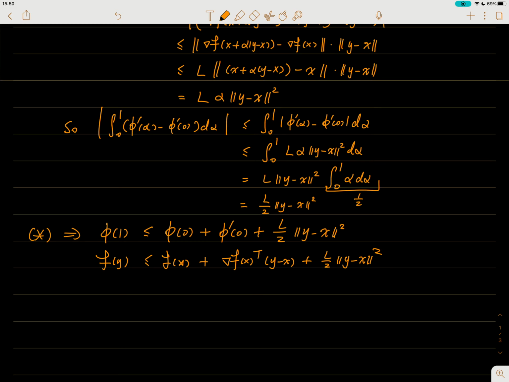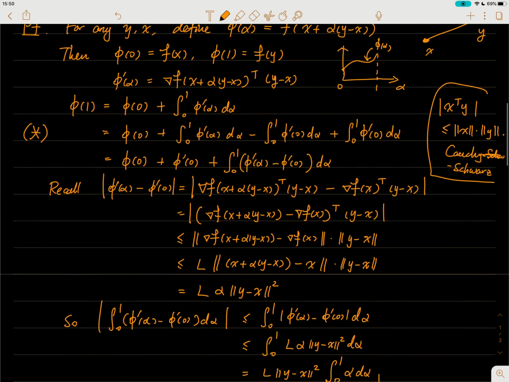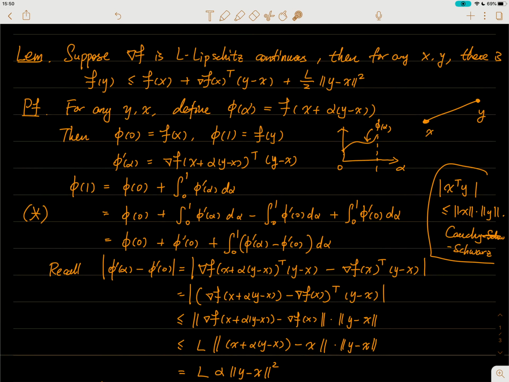And this is the claim we made. So this shows that if gradient f is Lipschitz continuous, then we actually have this.